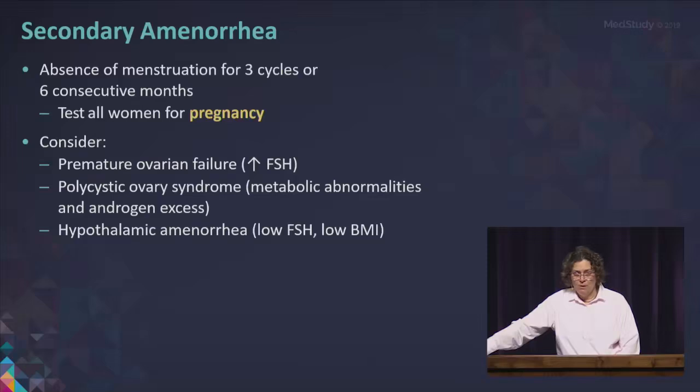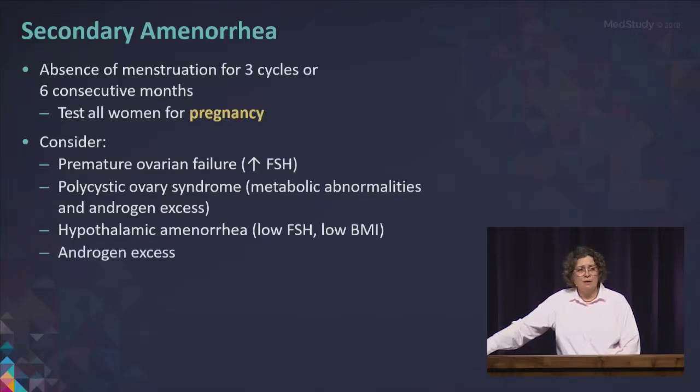So these are the people that have anorexia or the excessive exercisers where there's a deficit of calories. And again, sex hormones are luxury hormones. If you don't have enough calories, you will not make your luxury hormones, because you're going to be using that cholesterol to make what you need to live, which is your cortisol and thyroid hormone.